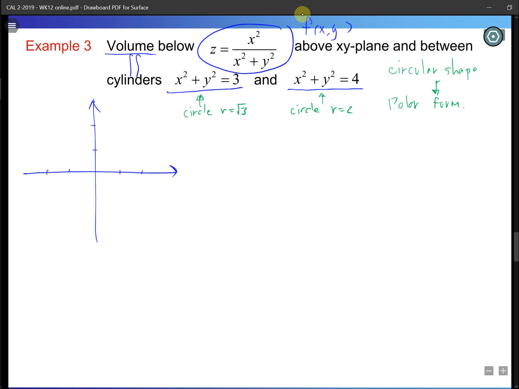So let's draw the circle of radius 2. Okay, this is a circle, and we also have a circle of radius square root of 3. So this is about 1.73. So maybe something around here, 1.73.